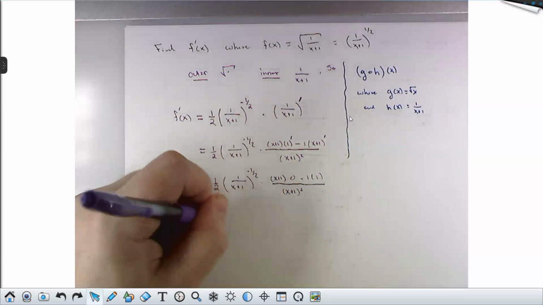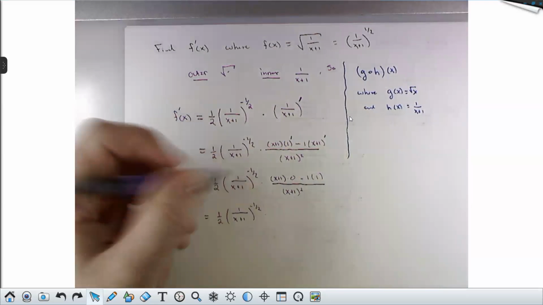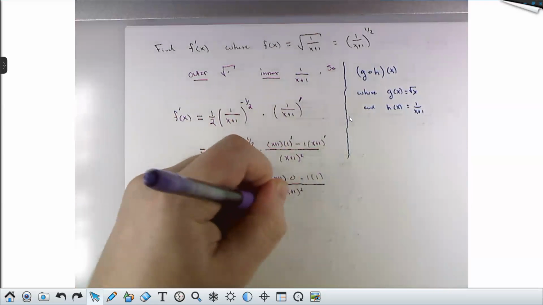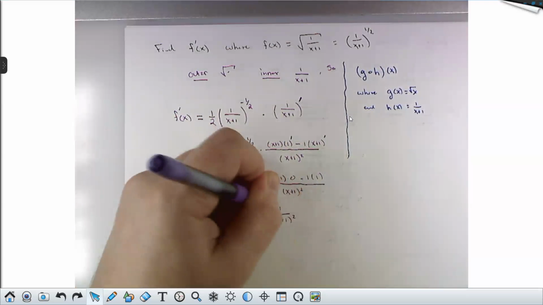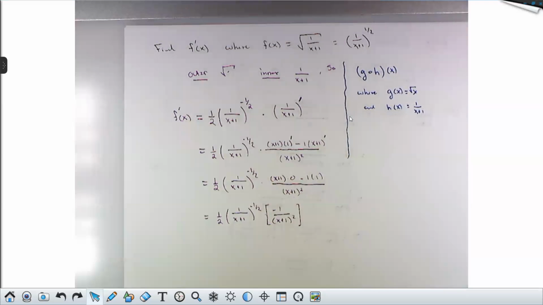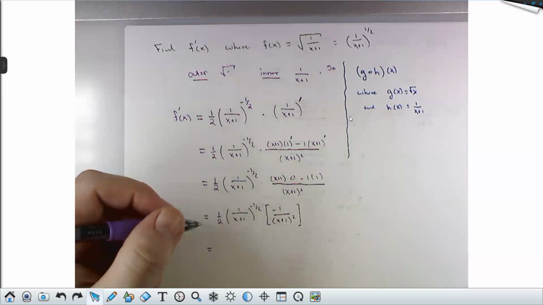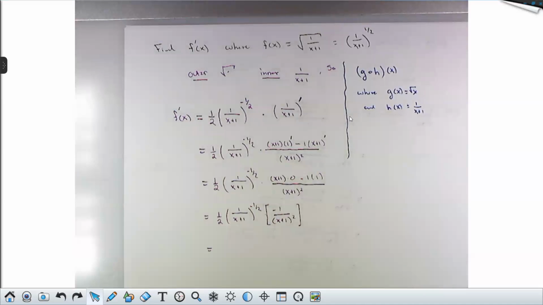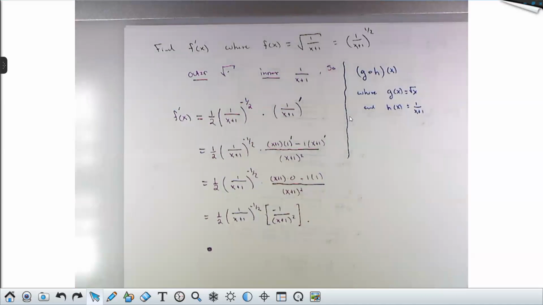So I've got 1/2 times 1 over x plus 1 to the negative 1/2 multiplied by negative 1 over x plus 1 squared. And I suppose I should make clear that those are not being subtracted. And we can put all this into a single fraction if we want to. But maybe I'll just leave it like this for now. Let's not over confuse things.